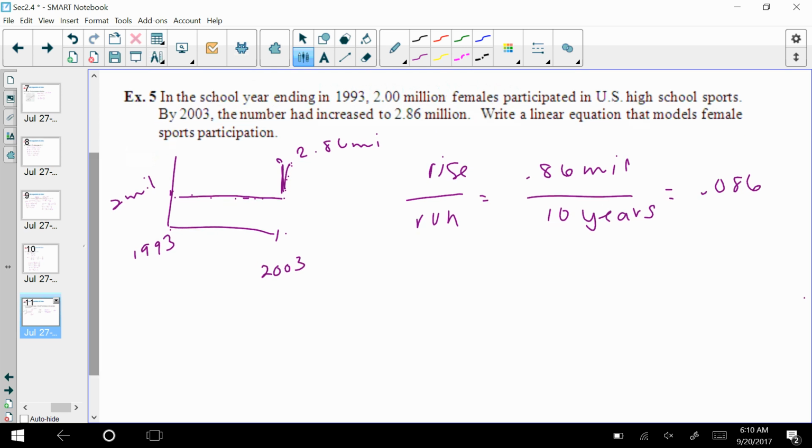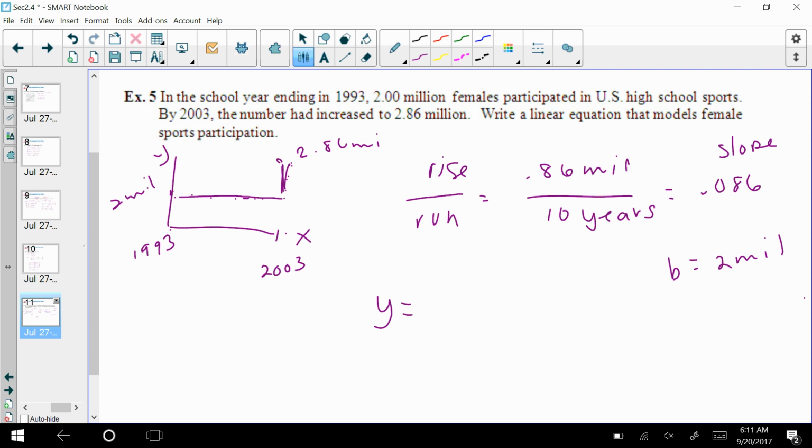And so this is our slope, and what we started with, our y-intercept, was 2 million. So a linear equation that models female sports participation: y, our dependent variable, is how many girls are participating in high school sports, and x is our years since 1993.